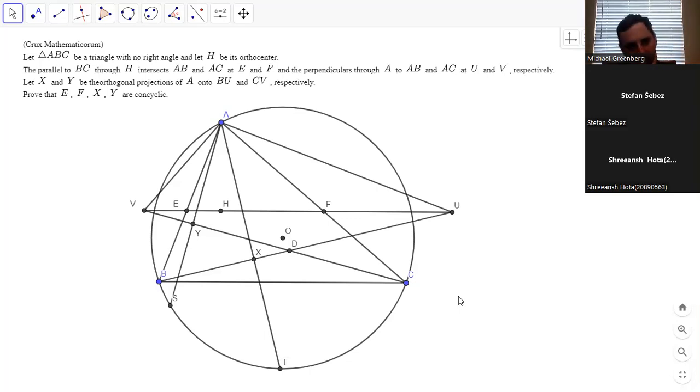All right, let's see. So basically we want to show DF is parallel to AB, right? And DE is parallel to AU.